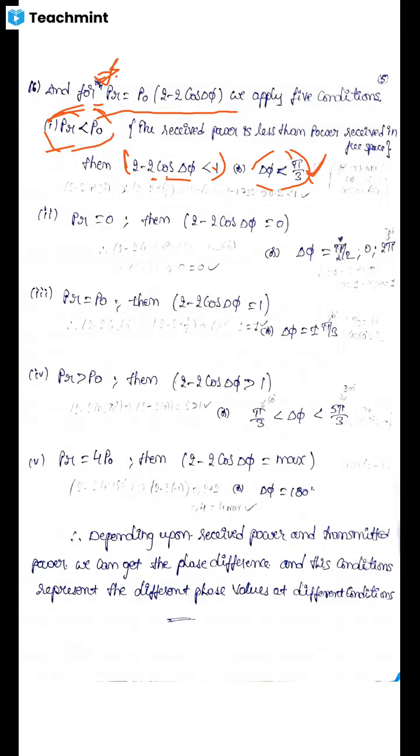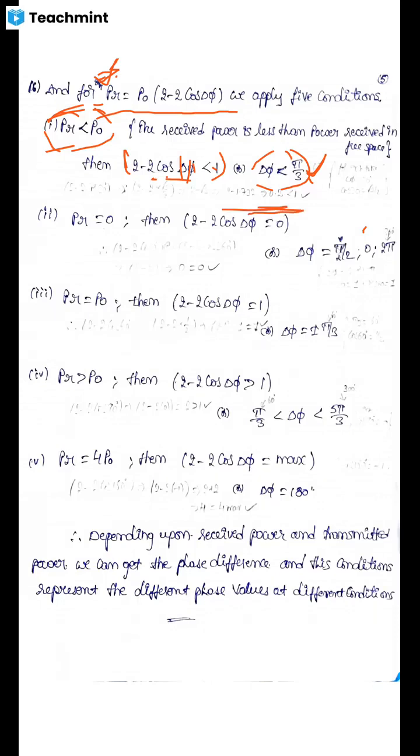Suppose I take del phi is equal to 30 degrees and substitute in 2 minus 2 cos 30 degrees. What is the value of cos 30 degrees? Root 3 by 2. Then I will get 2 minus 2 into root 3 by 2, that is 2 minus 1.732, which is equal to 0.27, which is less than 1.